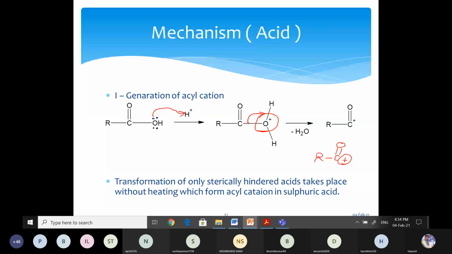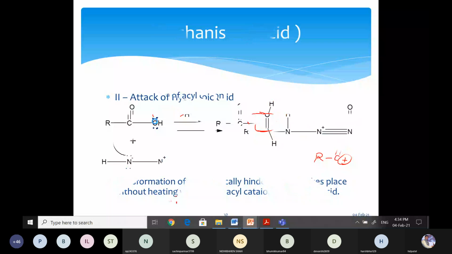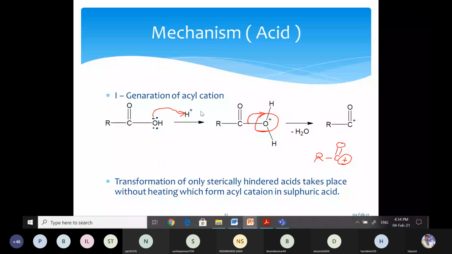So it behaves like a base, protonation takes place, and as a result we get OH2 plus. Now oxygen, having higher electronegativity and a deficiency at present, pulls electrons from the carbon, and as a result we get RC double bond O plus. This is known as the acyl cation.